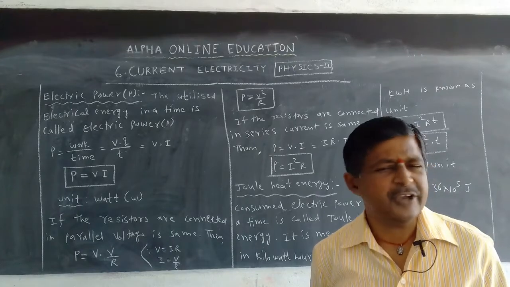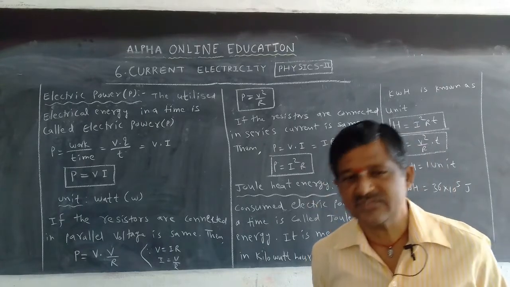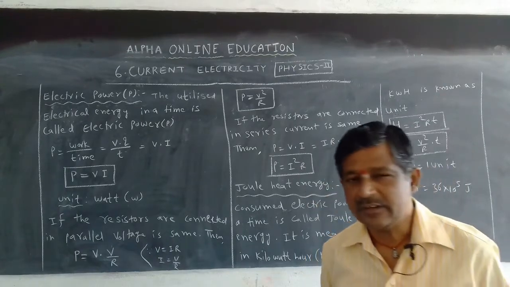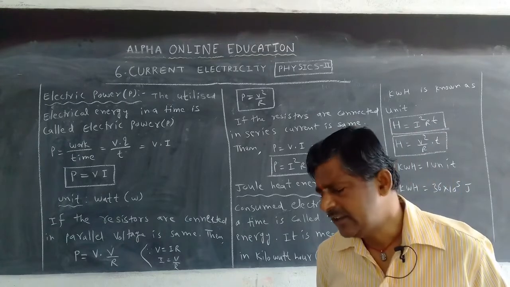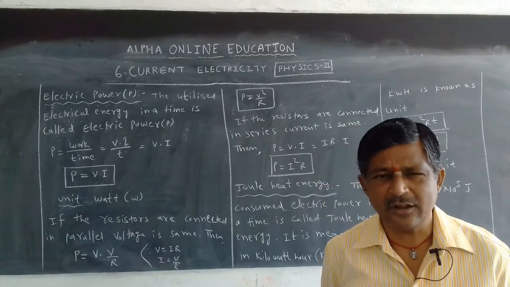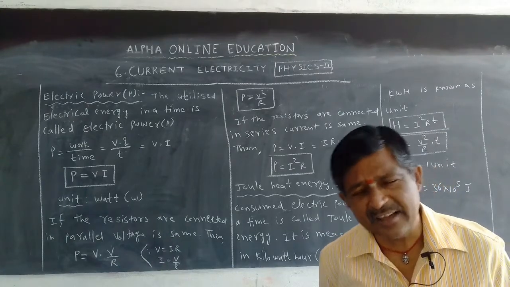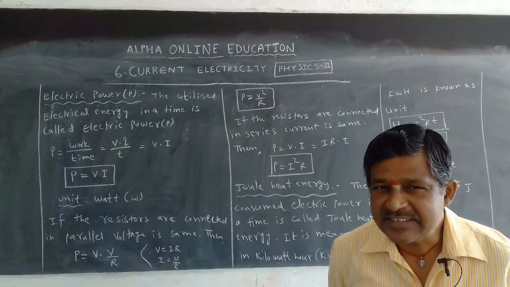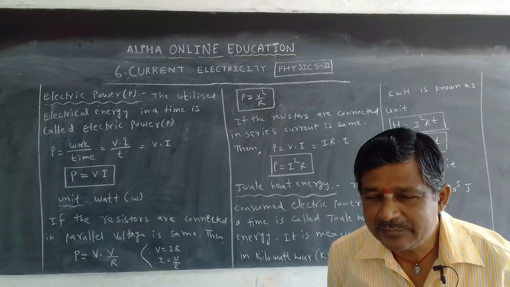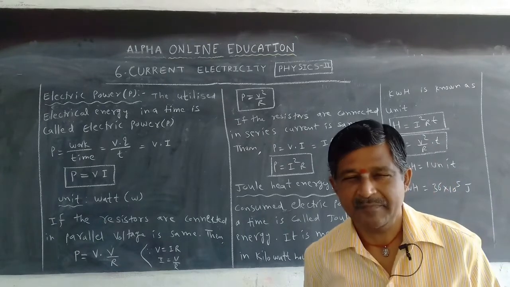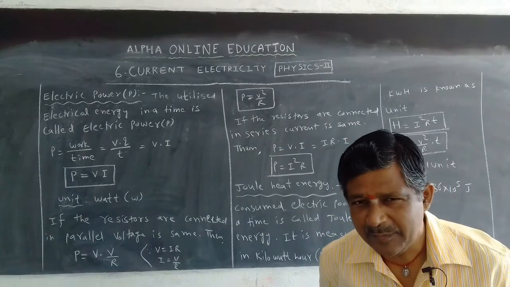In our houses we use bulbs, fans, grinders, refrigerators, and a television set, etc. We use a number of electric appliances in our daily life. All electrical appliances work by electrical power. Do they utilize electrical power or not?